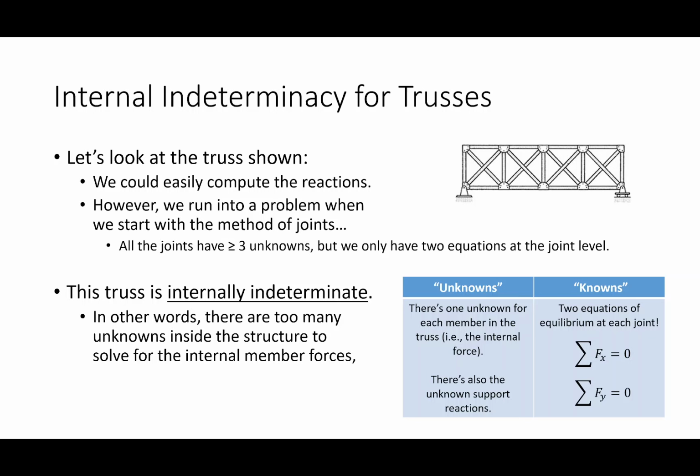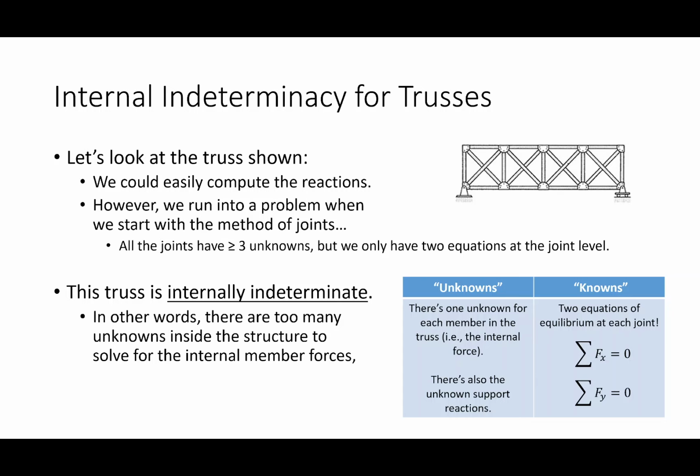The tension or compression, right? So how many unknown quantities are there for every member? There's 1, right? Remember, trusses carry only axial force, okay? So I propose for every member in the truss, there's an unknown, right? So there's an unknown for every member in the truss, okay?